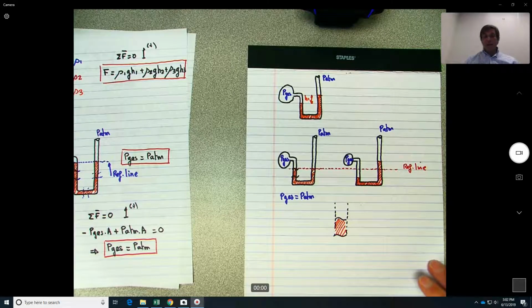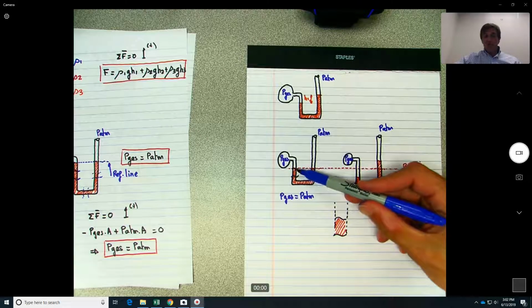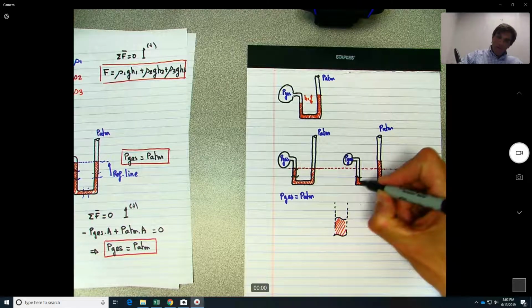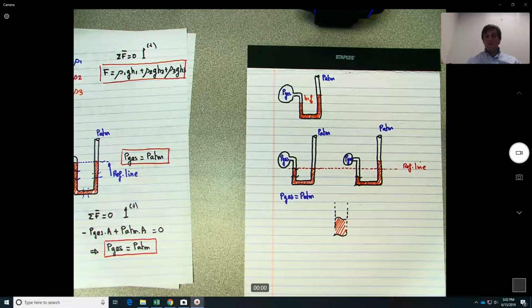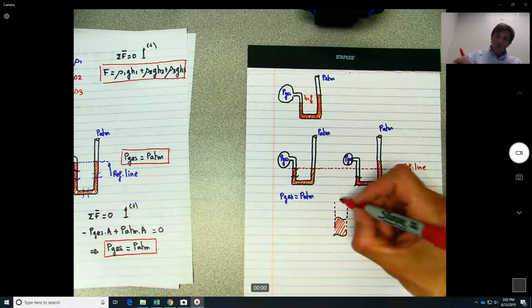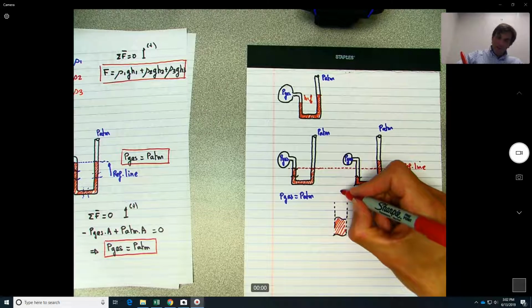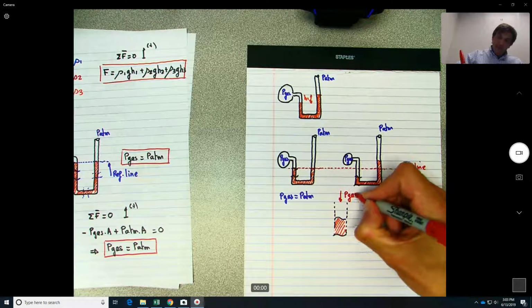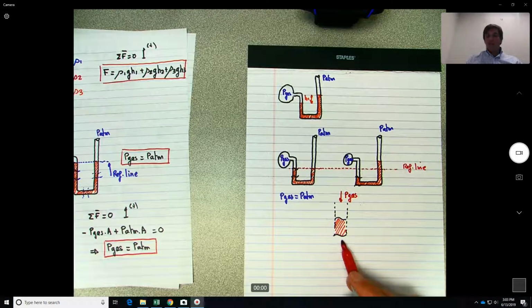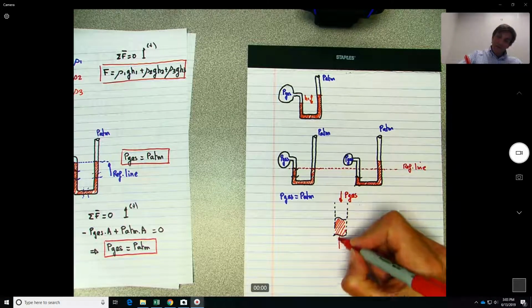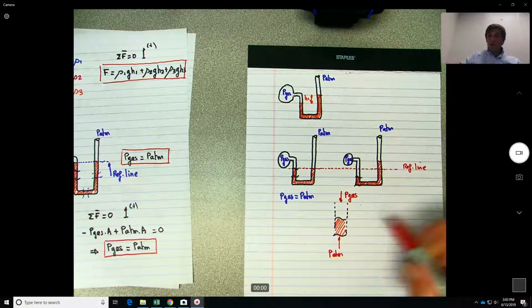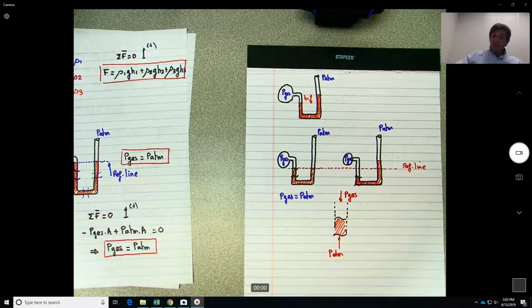So what do we find out over here? This is our element. It was up here, and now it went down here. So at this side, we're still going to have P gas. But now, what needs to happen on this side? We're still going to have our P atmosphere, but to send it back to the equilibrium position.